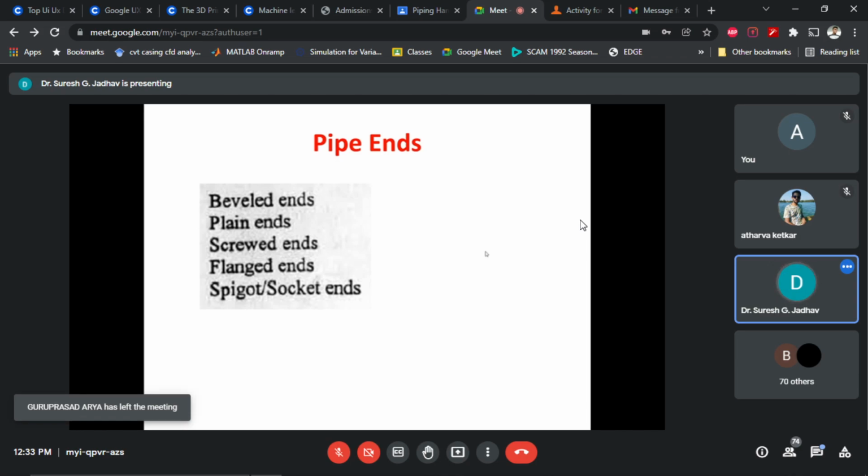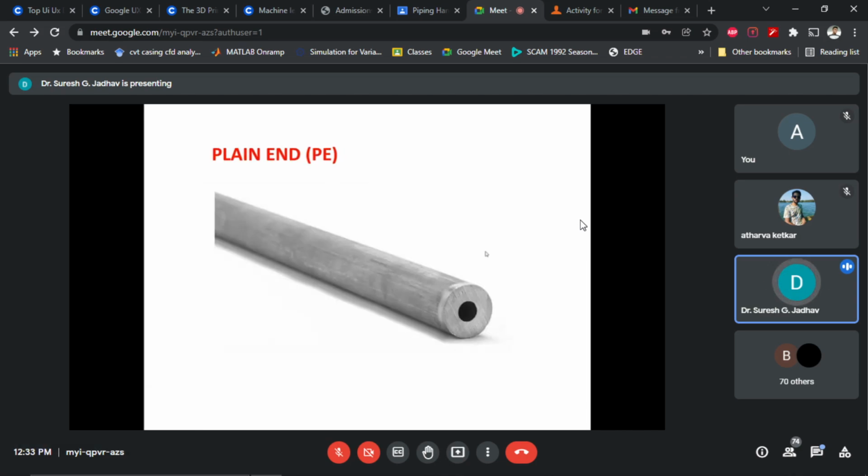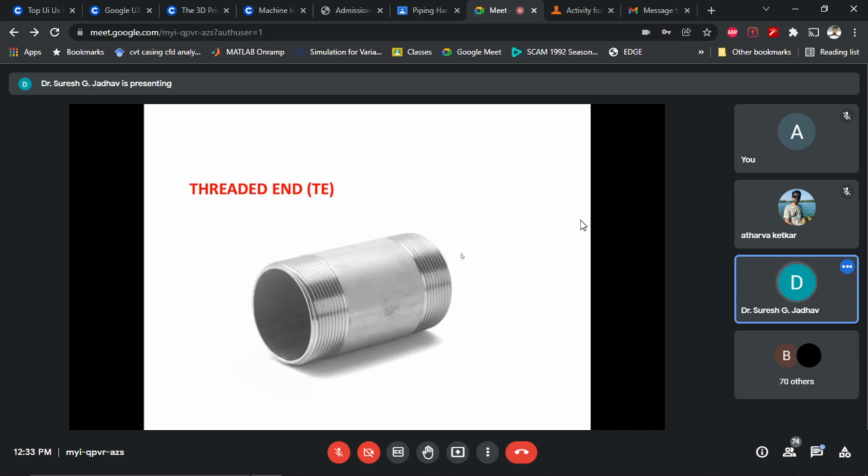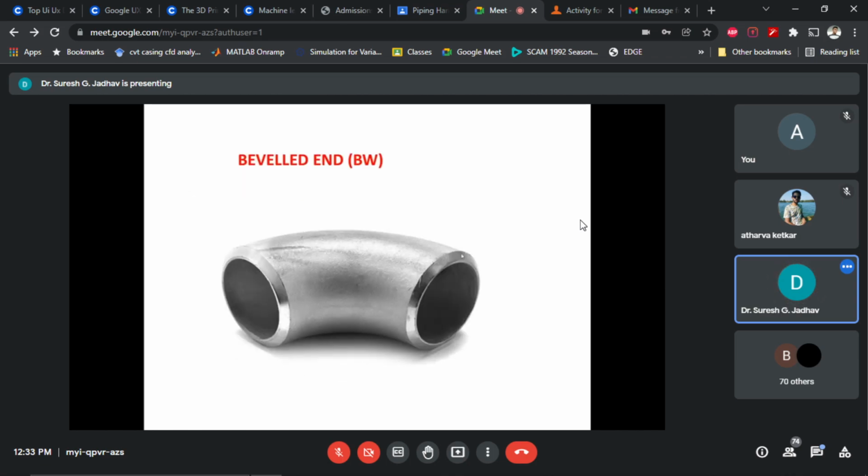So here you can see the 3D sketches of pipe ends. First one is plain ends, second one is threaded ends, and next is bevel ends. That kind of ends are used in piping industries.